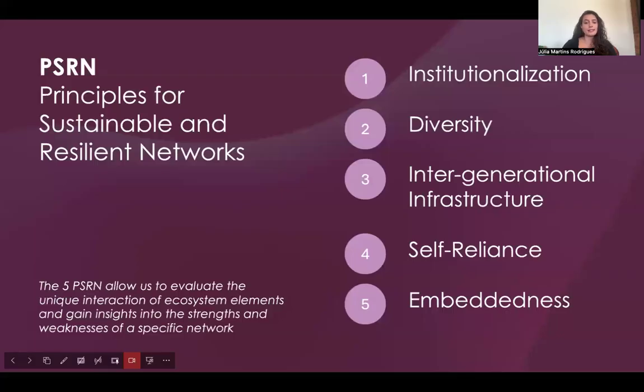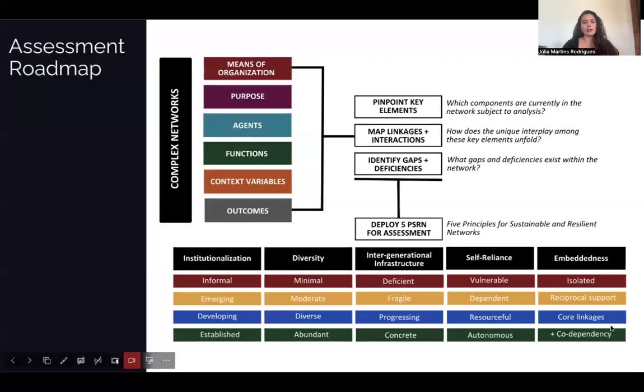These principles are essential for understanding a network. So, how can we combine the building blocks of our complex cooperative network with the 5 principles for sustainable and resilient networks?